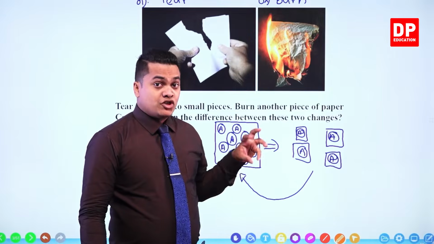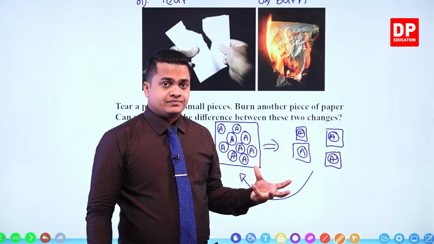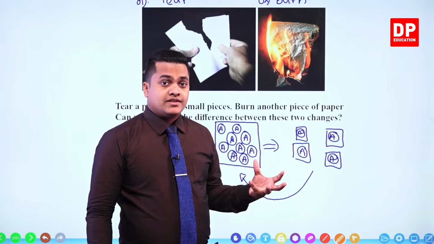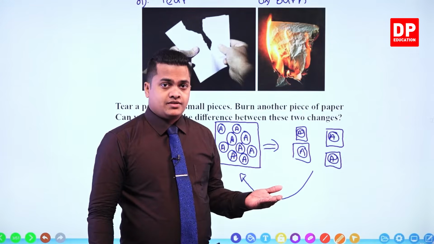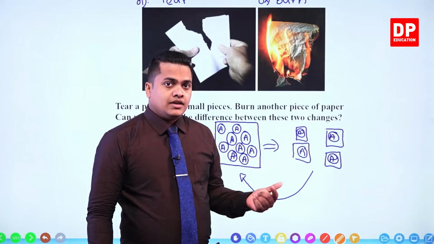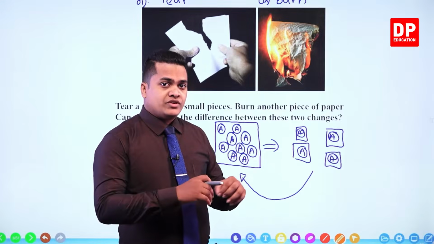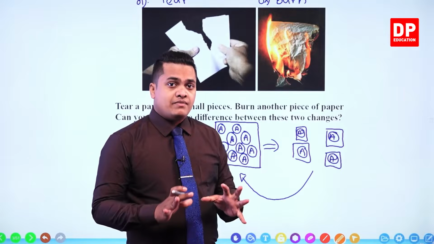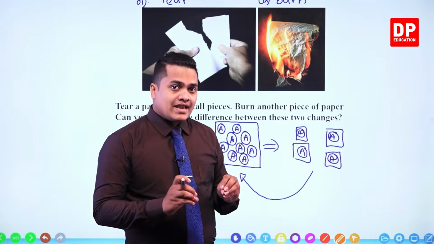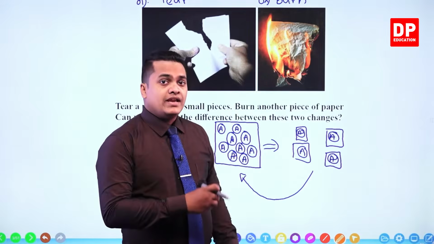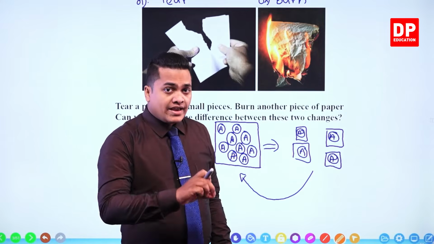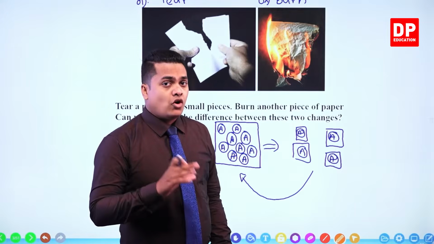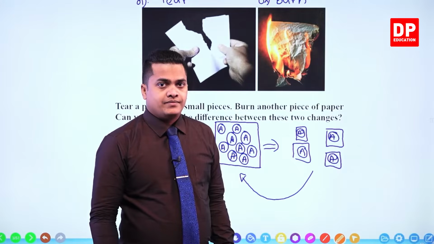That's the specialty in the tearing process. Even though I tear it down, as long as the materials remain the same, I can convert it back to the original state once again.